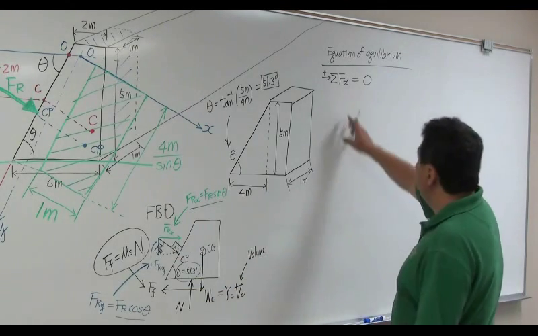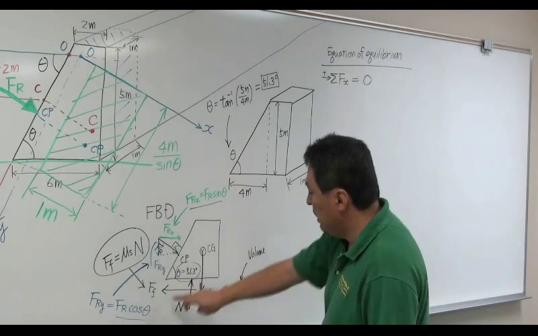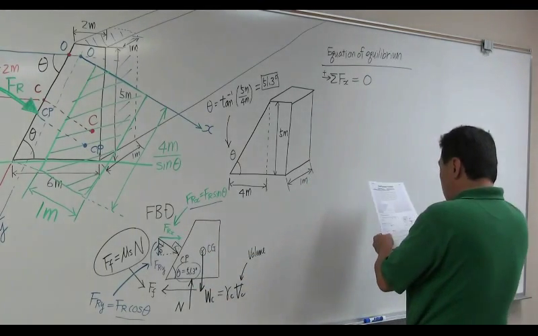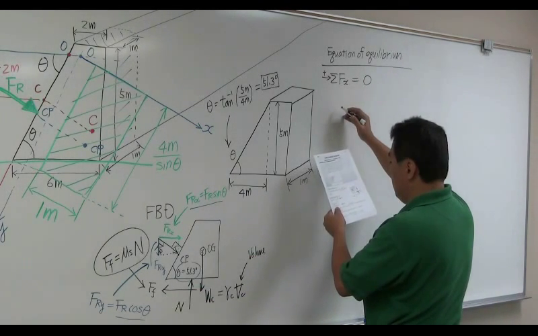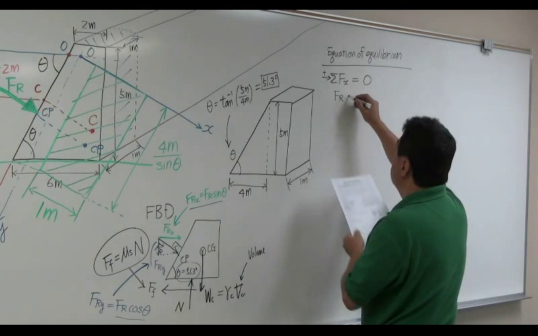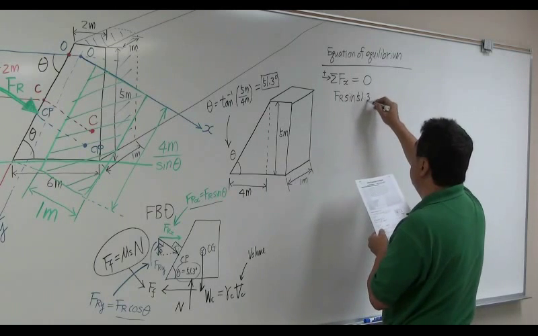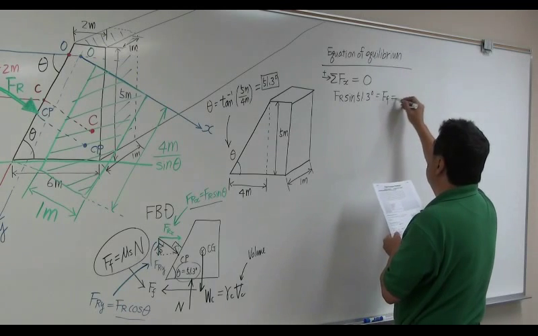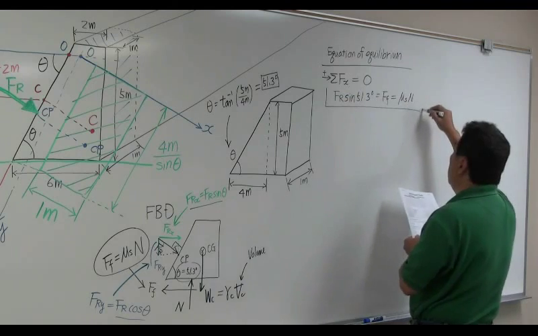So let's sum all the forces in the x direction, which is Frx and Ff. Those are the two forces in the x direction. So this is going to get you Fr sine 51.3 degrees equal to Ff, which is mu s times N. So this is one equation you got.